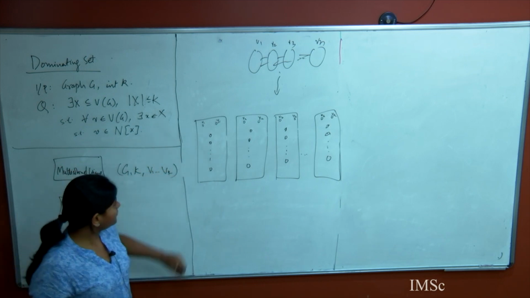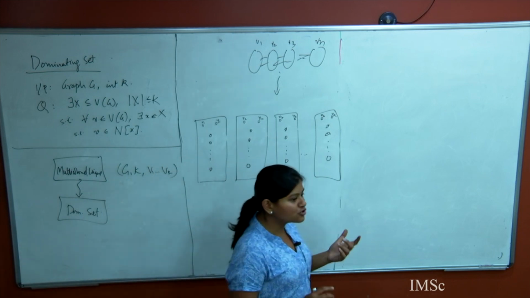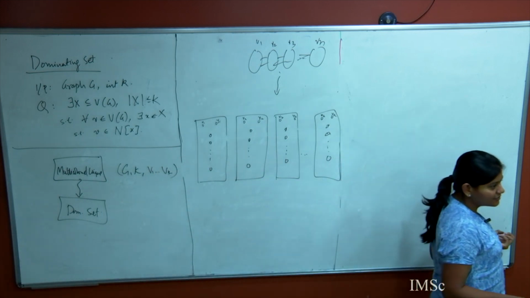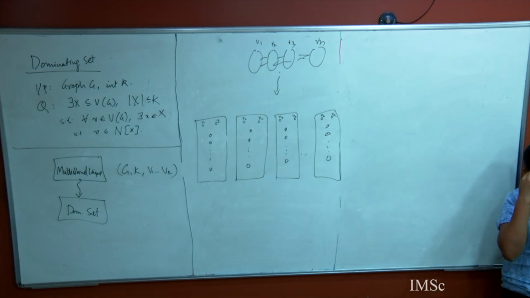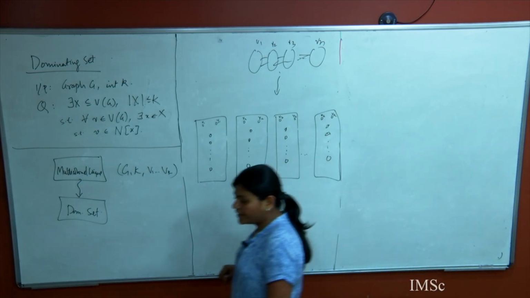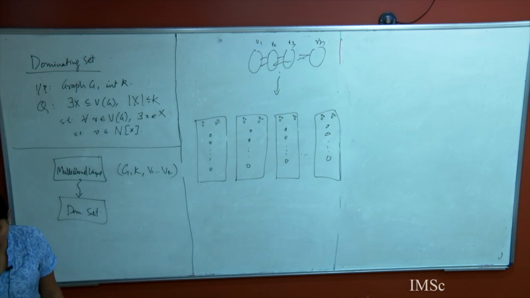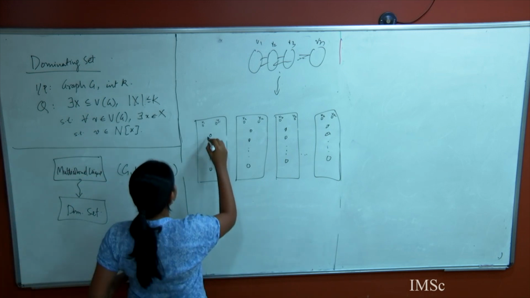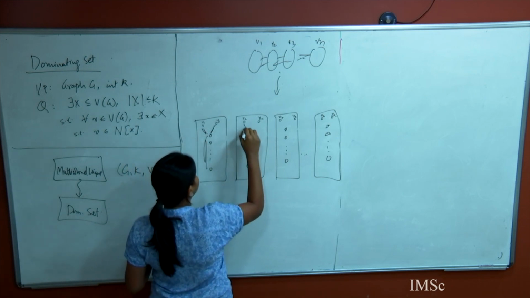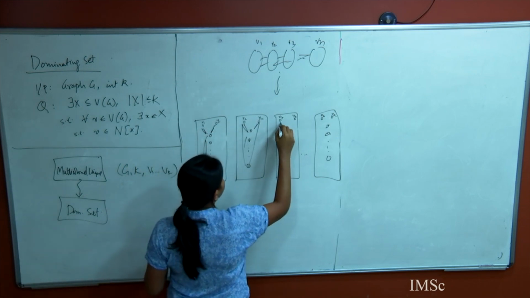Okay, but this is not enough for me, right? I want that the vertices that I select must form a clique, right? So what do we do? Notice that this is a clique here, so this looks like this, clique.